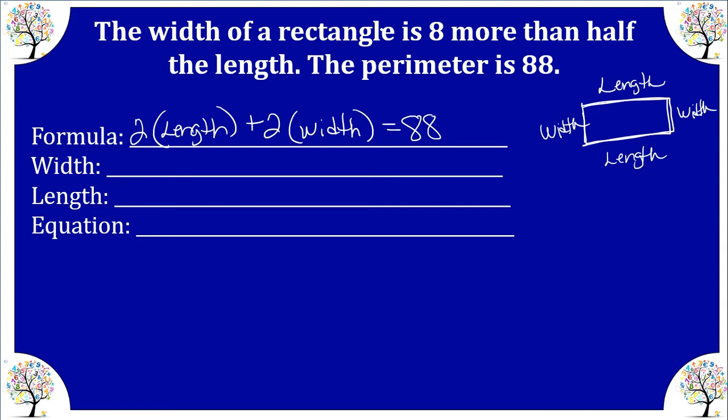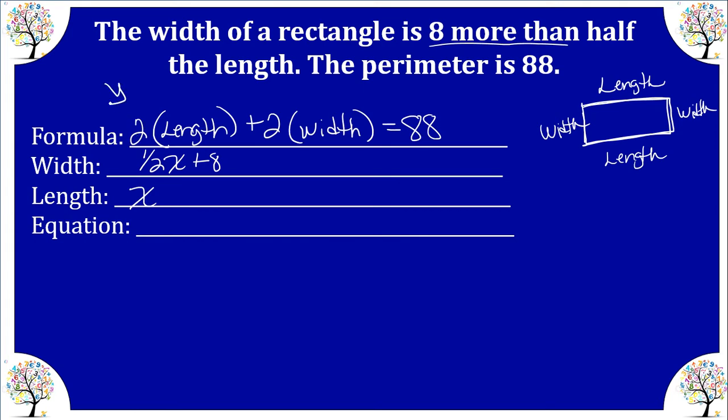So the width of a rectangle is 8 more than half the length. We know nothing about the length, so let's let x be length. Width is 8 more than, so we have a flip-flop, so we're going to put plus 8 at the end, and the 1/2 times our length at the beginning. Now, this is why it's super important to have a formula.